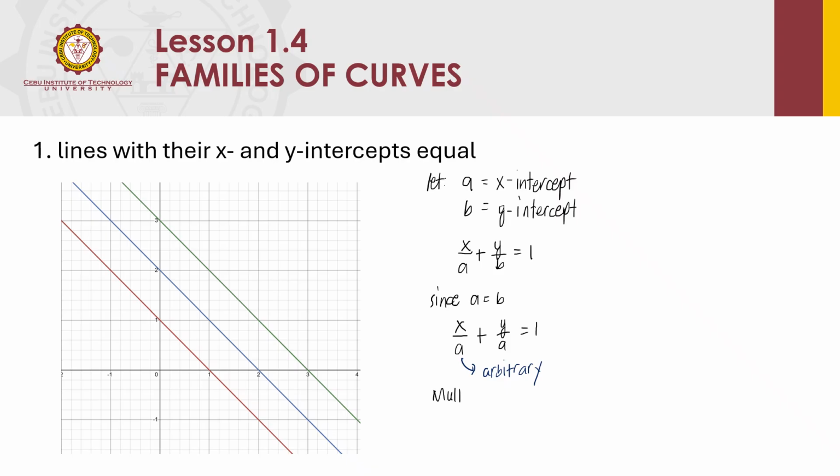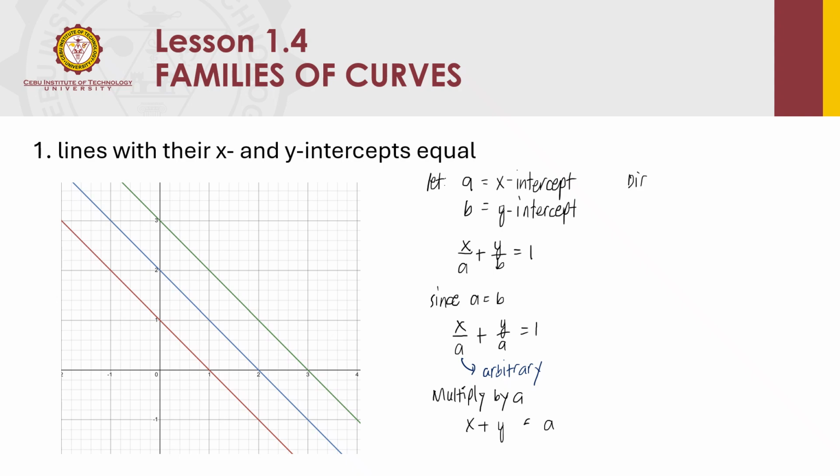If we multiply by a, we have x plus y on the left side and a on the right side. So it would be easier for us to differentiate and eliminate the arbitrary constant.